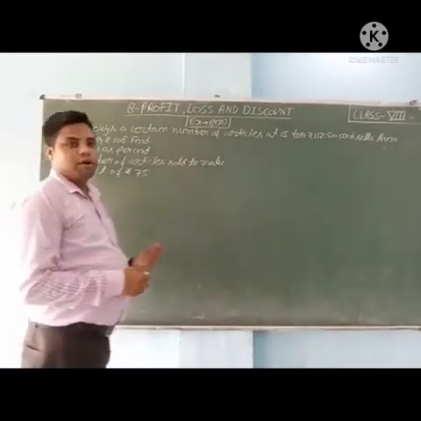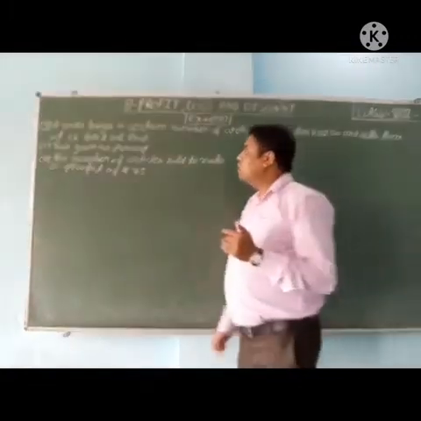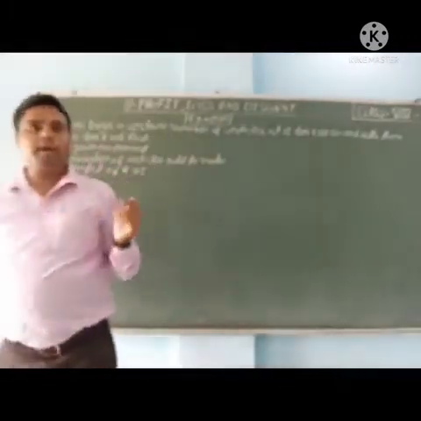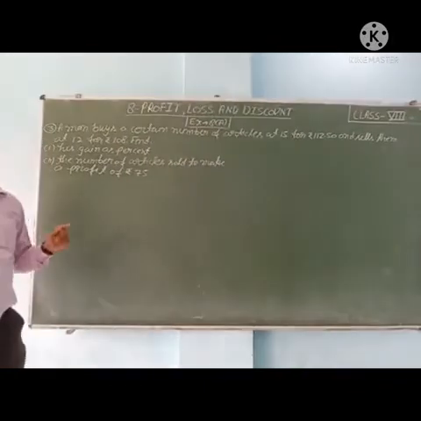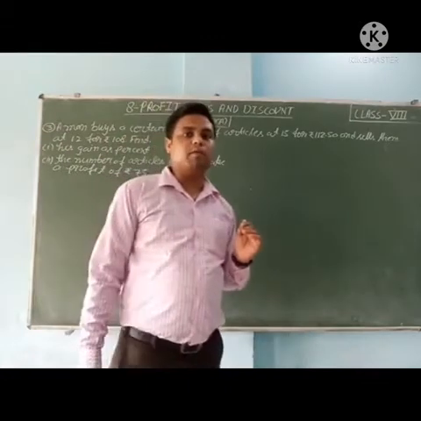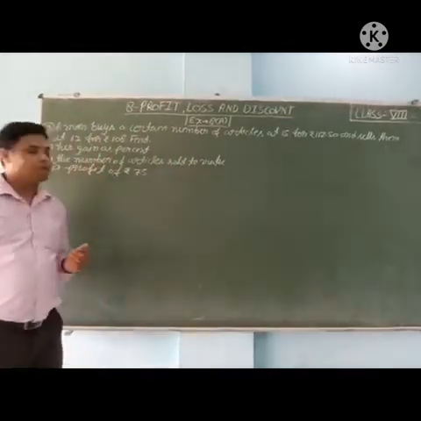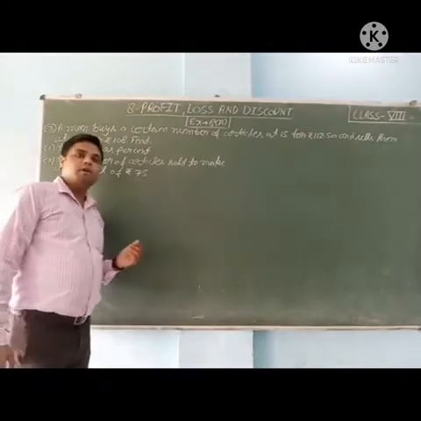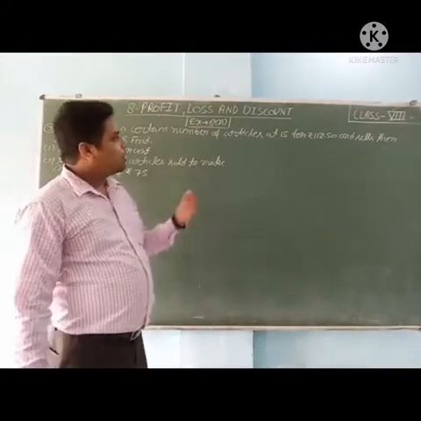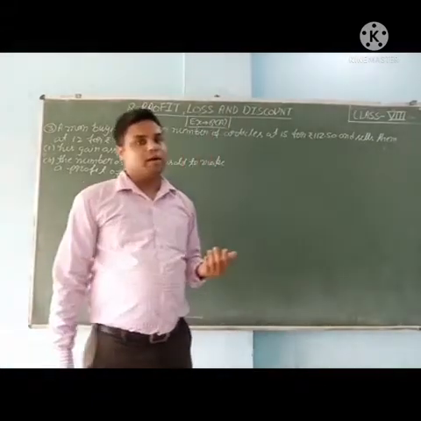So for gain percent we must have the gain. We can find the gain by doing SP minus CP. To find the gain we must have the SP and CP of the same number of articles. But here CP is given of 15 articles and SP is given of 12 articles.